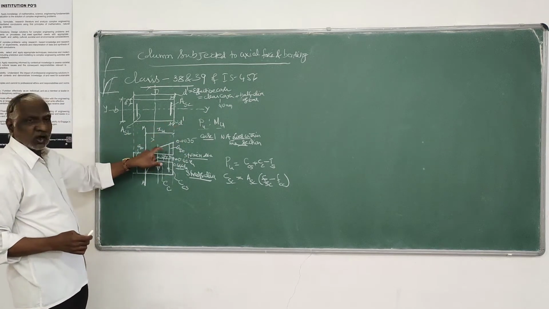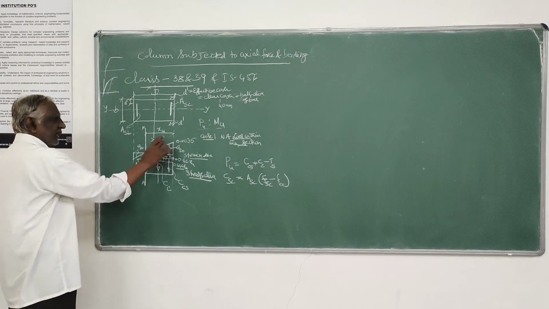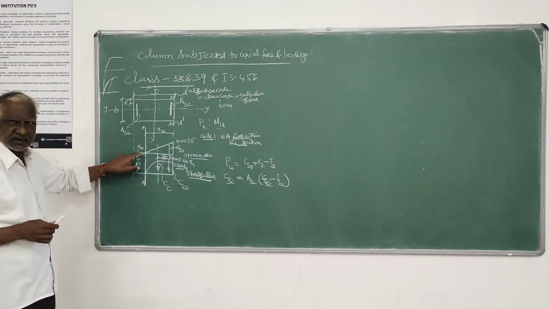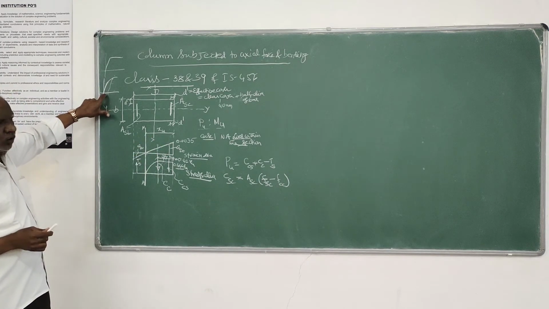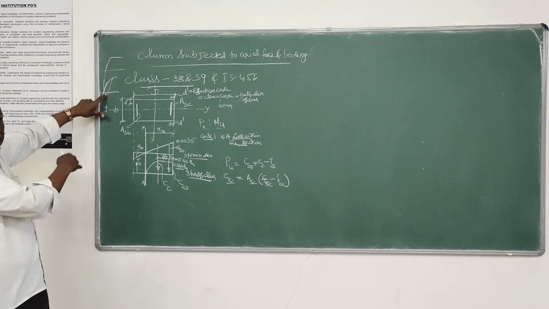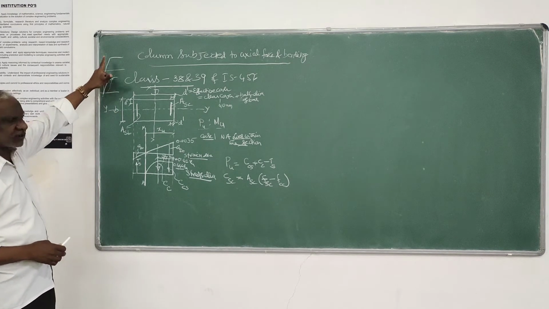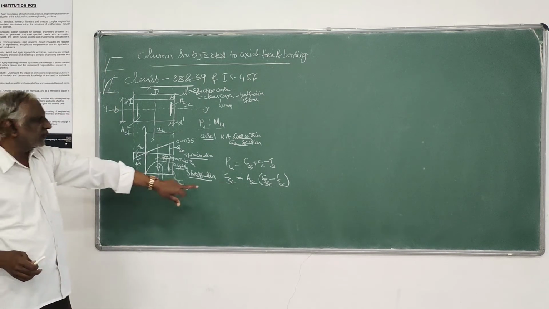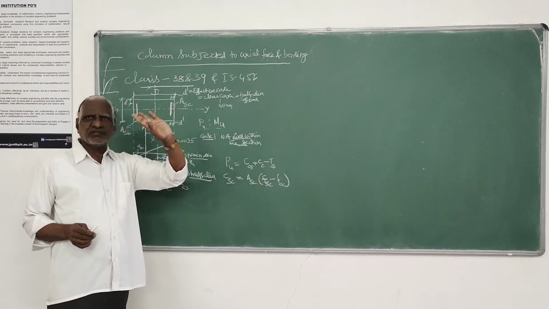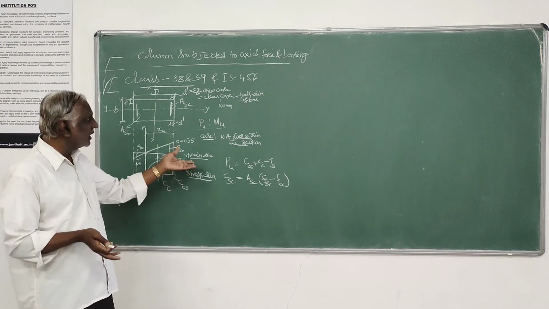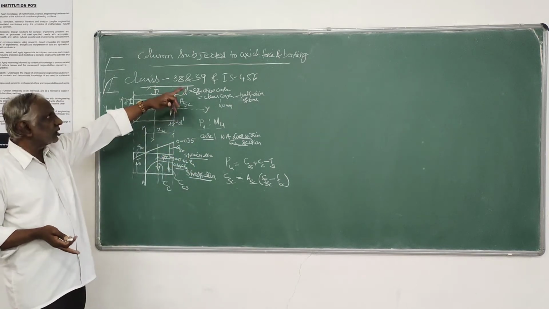That's why I have given all the dimensions here. From that you can work out the strains in the steel, go to the standard stress strain curve, and from that strain read the corresponding stress, that is your FSC.